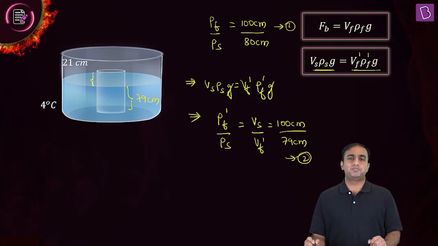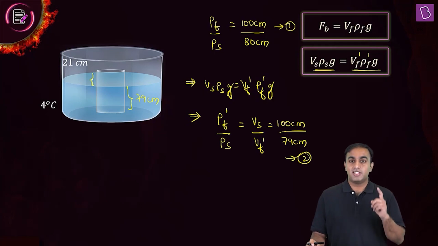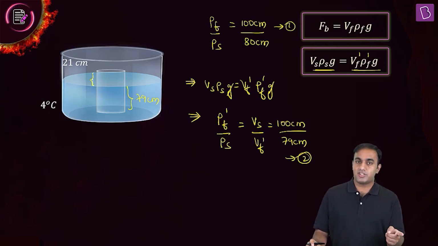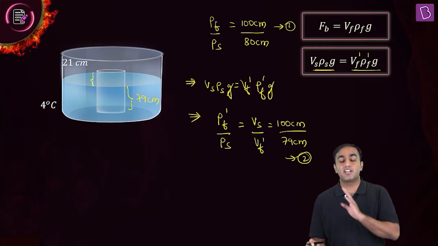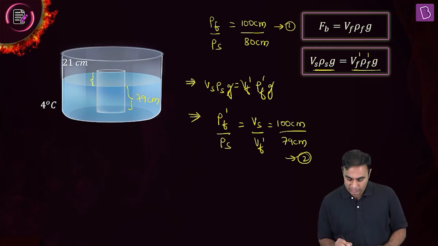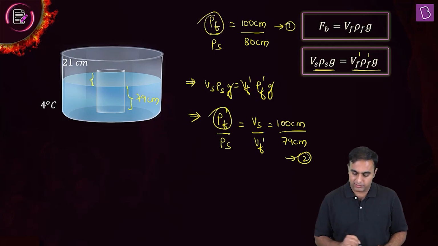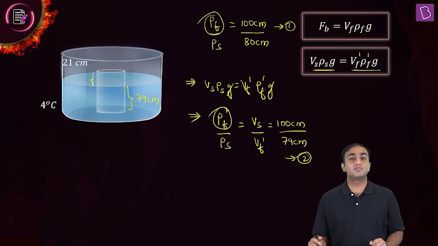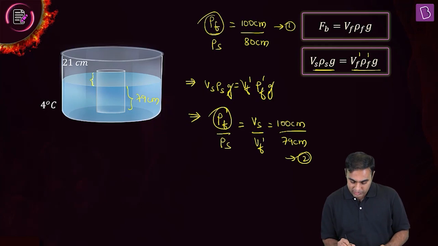What do we need? With all this data, we are supposed to find the ratio of the density of water at 4 degrees Celsius to the density of water at 0 degrees Celsius. In other words, we need rho F prime divided by rho F. How do you get it? Take the ratio of equation 2 to equation 1.